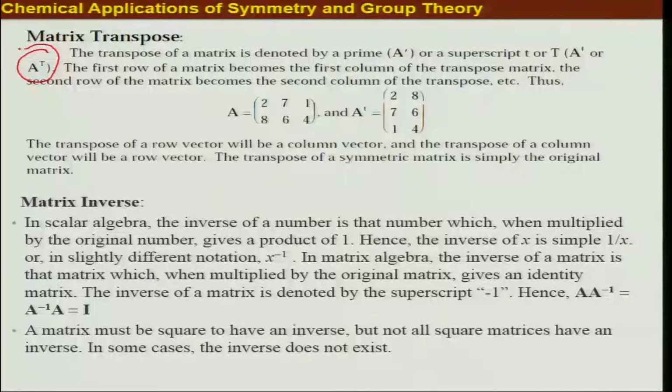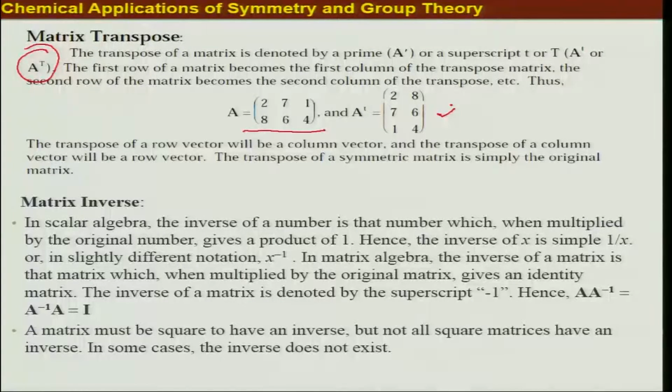Here is one example where A is a matrix having 2 rows and 3 columns, and when I transpose it, it becomes 3 rows and 2 columns. Okay. So, the transpose of a row vector will be a column vector obviously, and the transpose of a column vector will be a row vector, has to be.